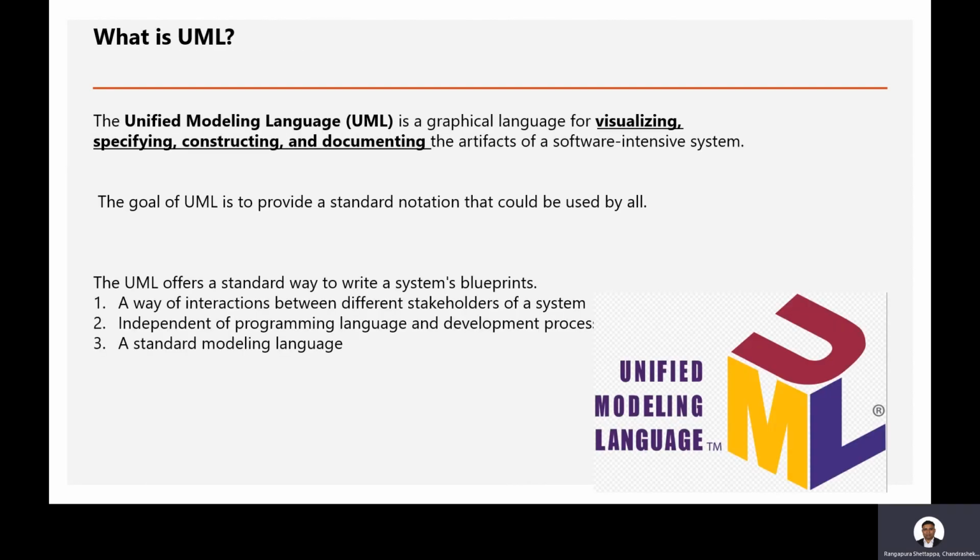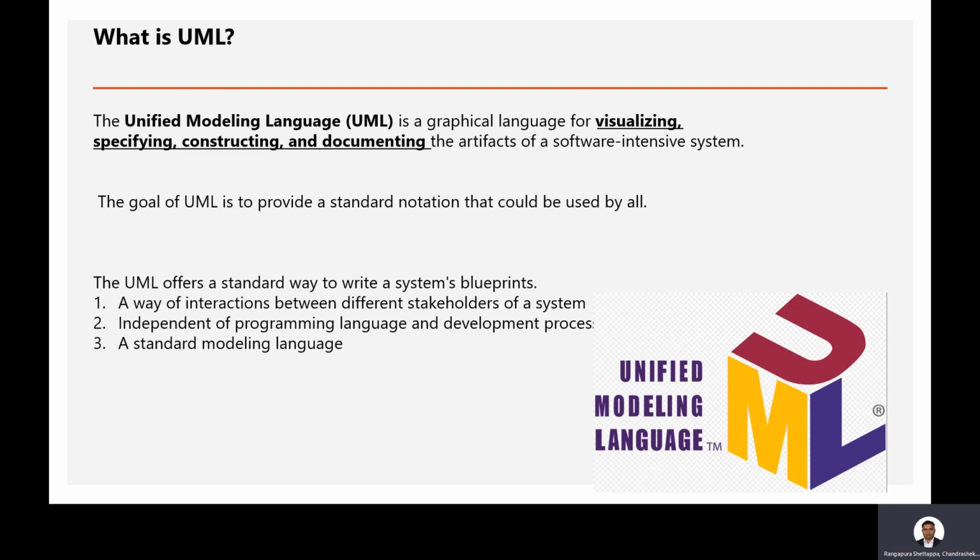Now, having this background, let's understand what UML is. UML, as I mentioned, is a Unified Modeling Language. It is mainly used for visualizing, specifying, constructing and documenting the artifacts of software-intensive systems, meaning complex software systems. This is a graphical language which is used for notations.